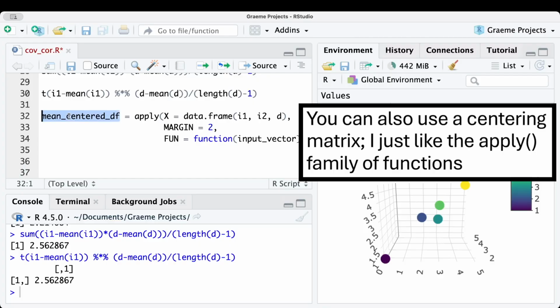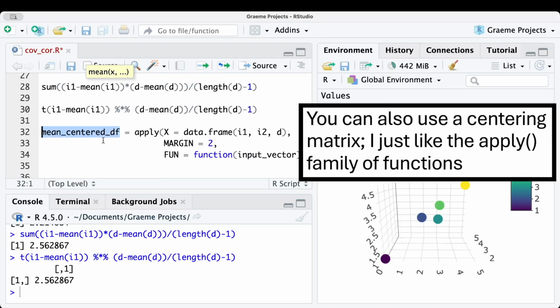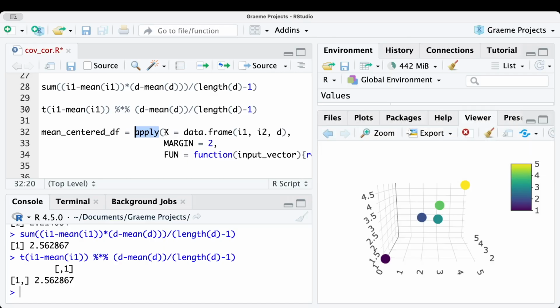So if I want a mean centered data frame containing all of my data, my I1, I2, and dependent variable D, I can use this handy apply function, which will apply a function given inside of this function over all of the columns of this data frame. So this x here is going to be what I define the data frame as.